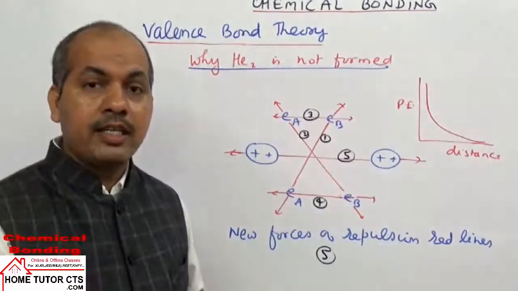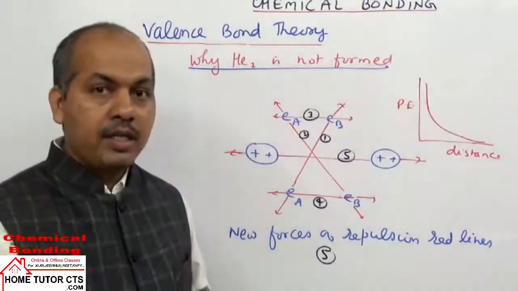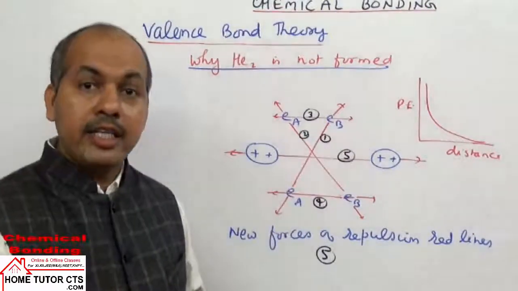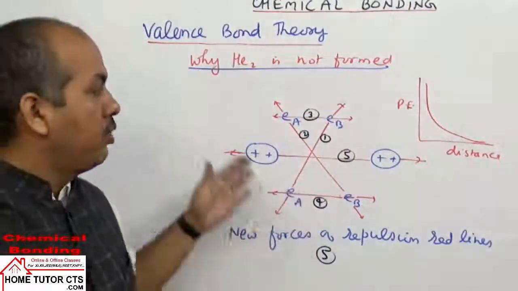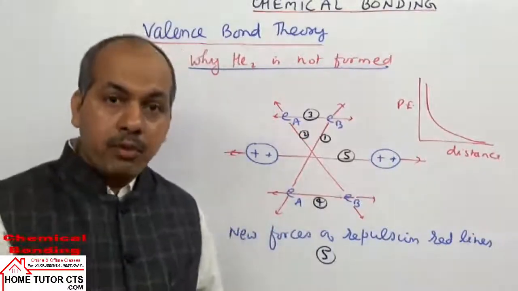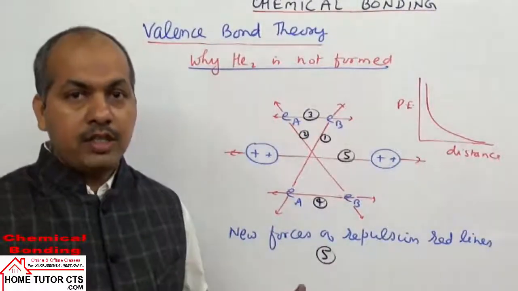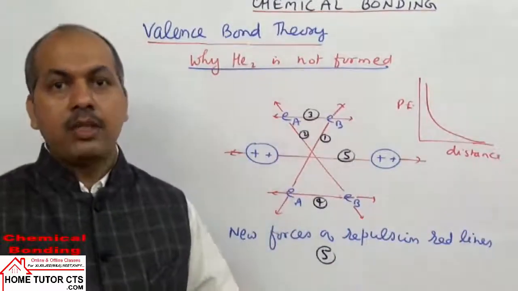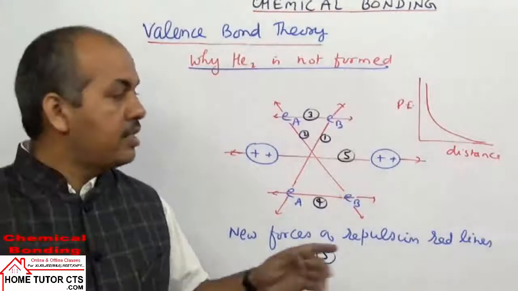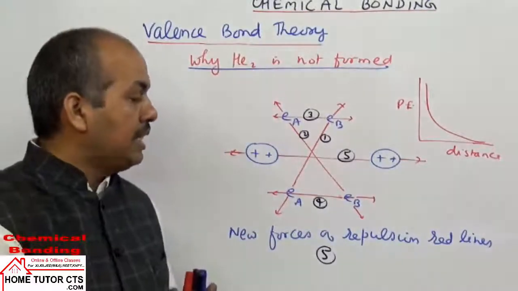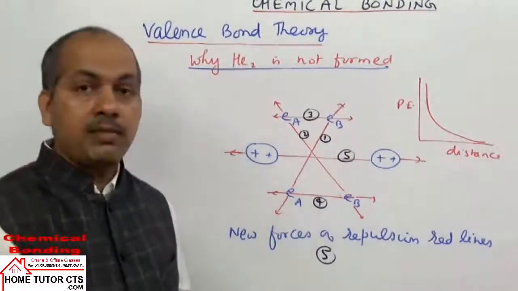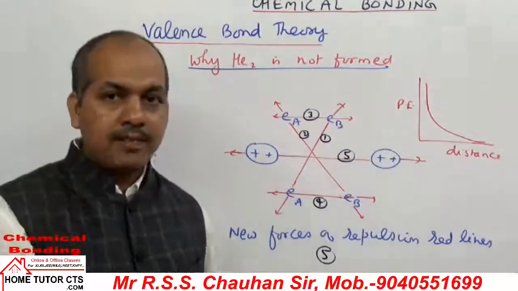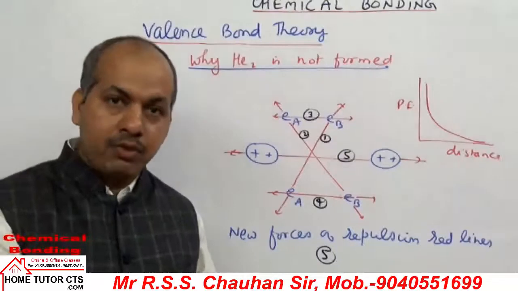When energy increases, stability decreases, and when attraction can dominate, then energy can decrease. We have told the condition, only those cases bond formation is possible in which by the new interactions overall, the energy of the system decreases. In this case, when atoms are coming close to each other, the energy of system increases because we are having more repulsive forces as compared to attractive forces.